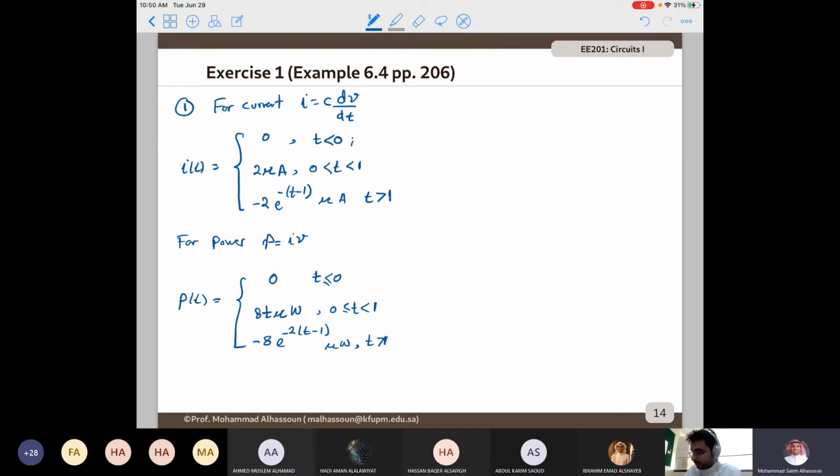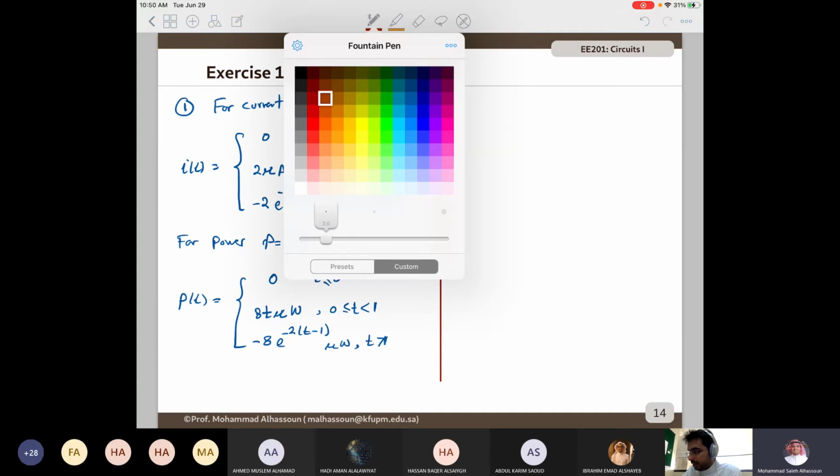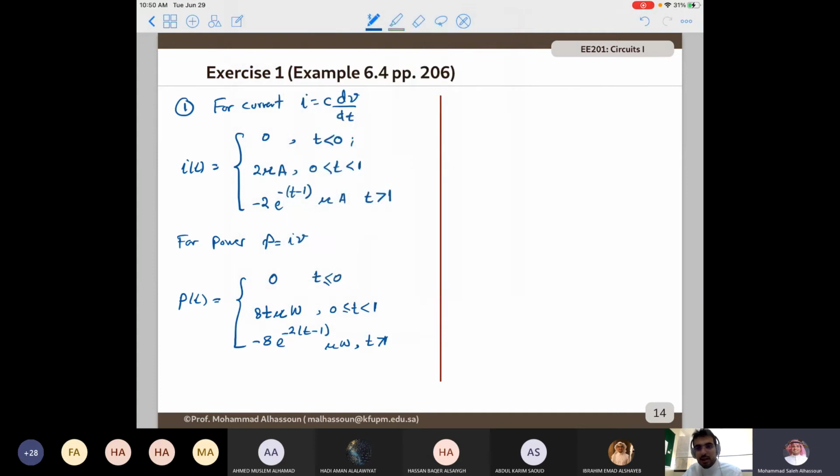Okay. So now what about the energy? Energy is simple. Salman? Yes, half C V square.